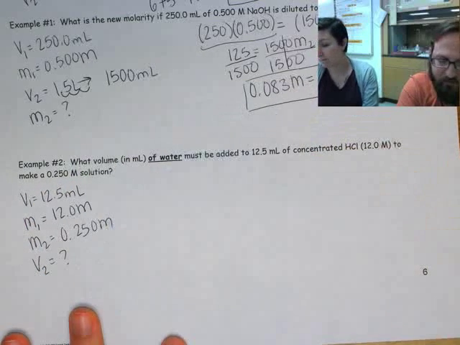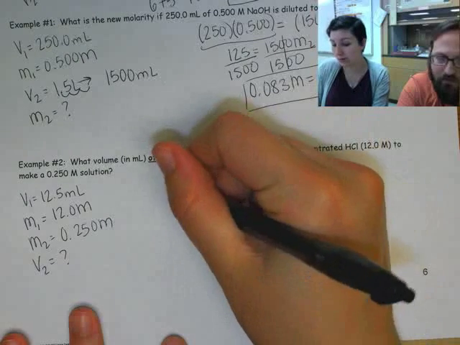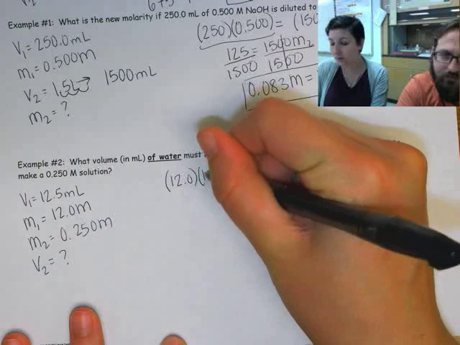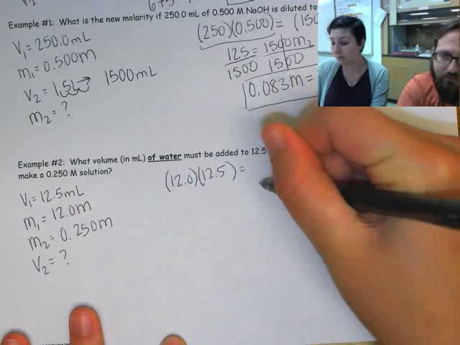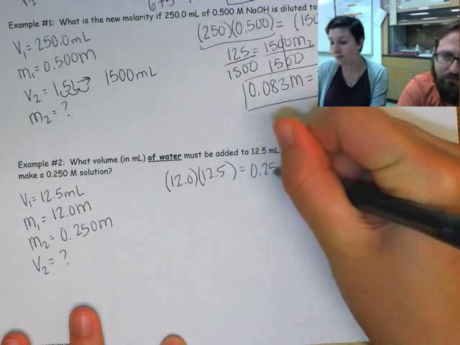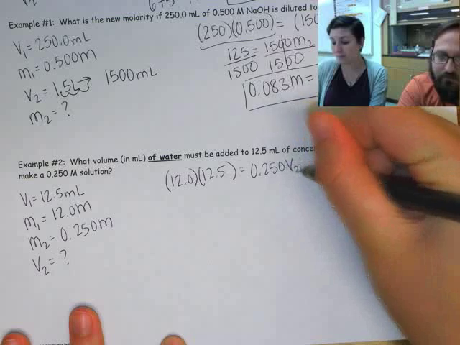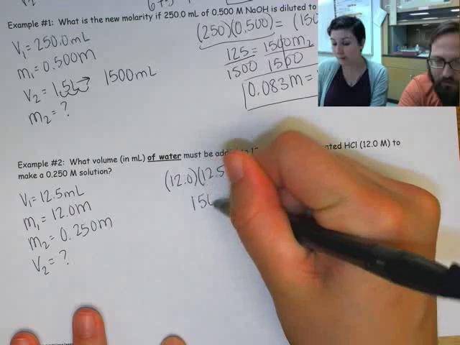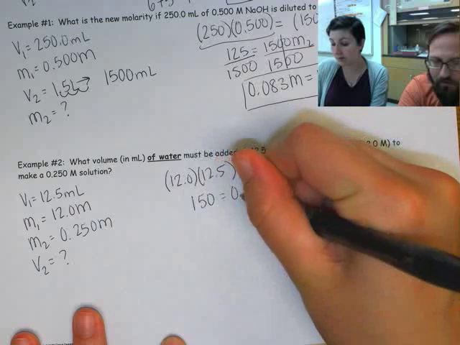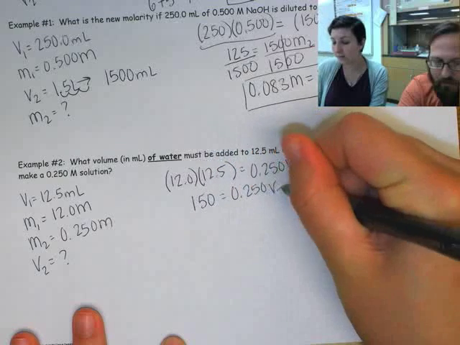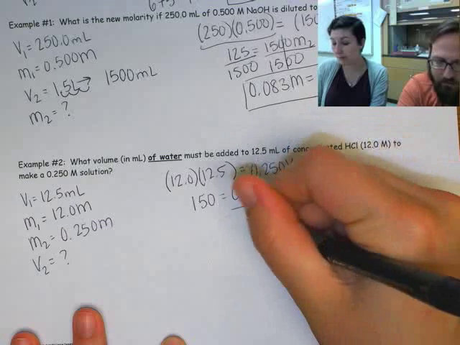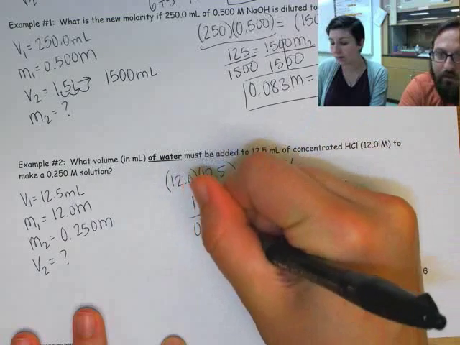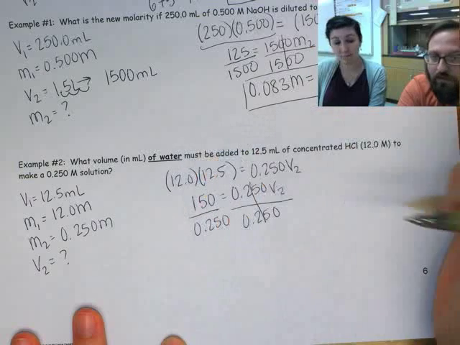We just plug everything in. All of our initial numbers go on the same side, so 12 times 12.5 is equal to 0.250 times V2. That's 150 when we do 12 times 12.5. Then we divide both sides by 0.250, and we get 600.